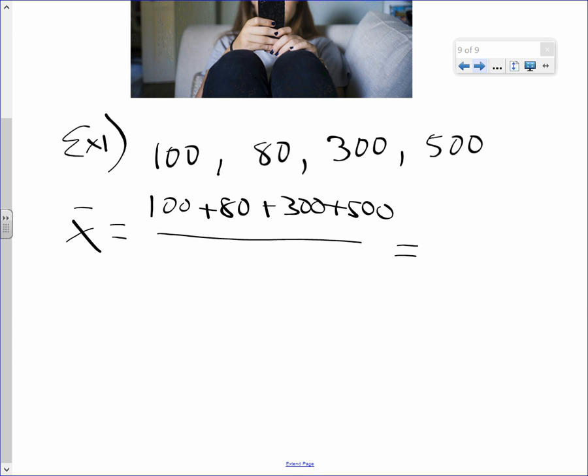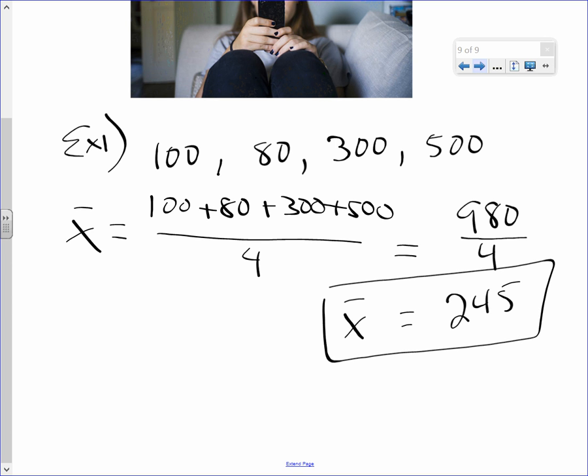And I'm going to divide that by 4, right? Because there are only 4 observations, 4 data values. So I got 980. 980 divided by 4 data values, I want to say, is 245. Here's our average, our mean. Going to box that. That's step 1.